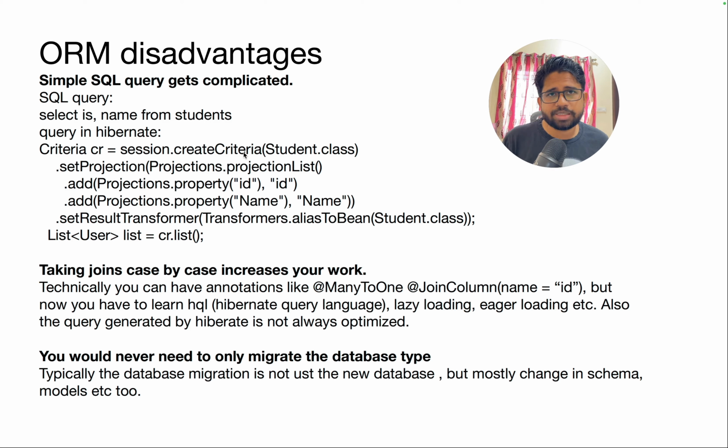So let's say you designed something in 2010 and now you are revamping the same thing in a new database in 2023. It will not happen that you just copy the whole data from one database to another. It will mostly involve nomenclature changes and table changes, and maybe you have a different schema altogether, not even the schema which was there earlier.